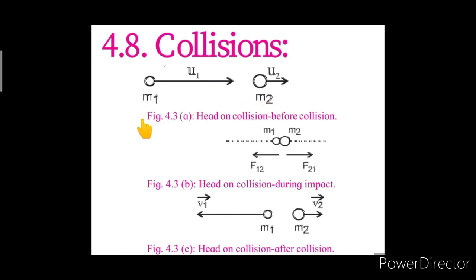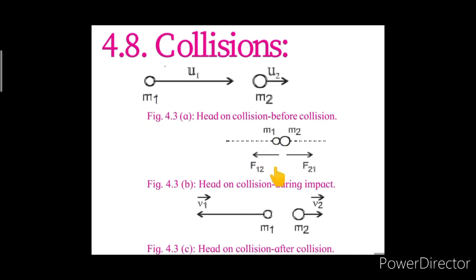So before the collision, the body of mass m1 is moving with initial velocity u1 and the body of mass m2 is moving with initial velocity u2. After some time both bodies collide, that means the head-on collision takes place, and during the impact the body of mass m1 exerts a force on the body of mass m2, and at the same instant the body of mass m2 exerts a force on the body of mass m1 for the interval of time t.